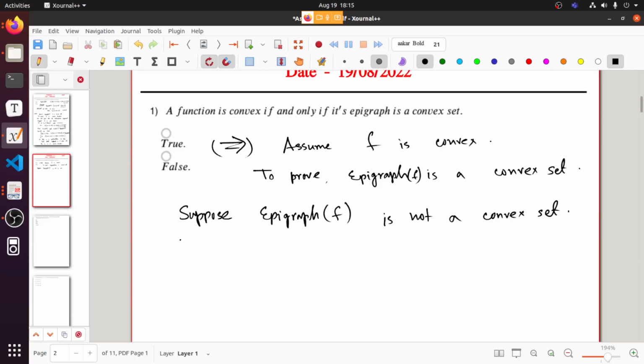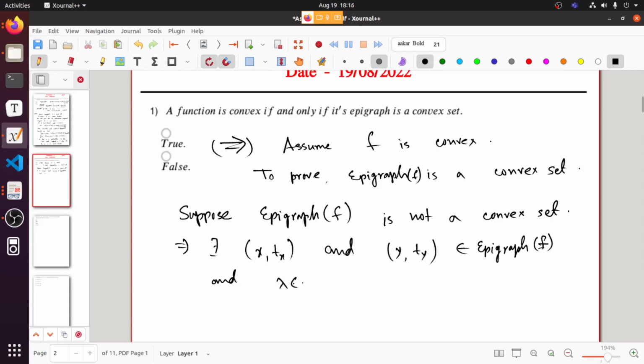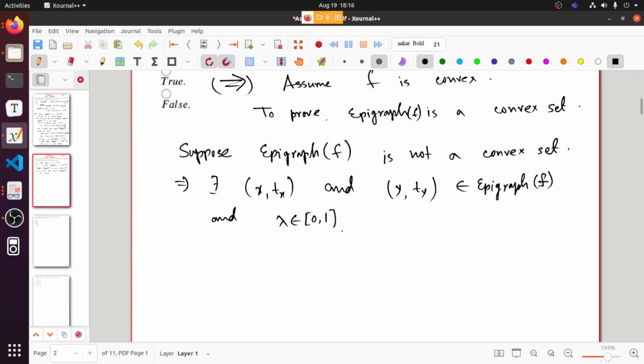Which implies that there exist two points (x, tx) and (y, ty), both belonging to the epigraph of f, and lambda belongs to [0,1], such that these two belong to epigraph, meaning f(x) is less than or equal to tx, and f(y) is also less than or equal to ty.